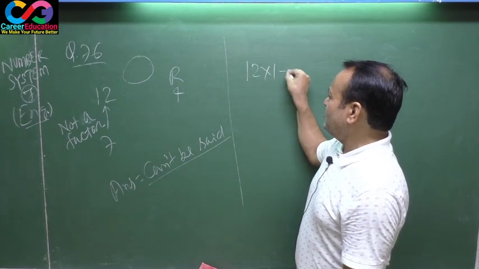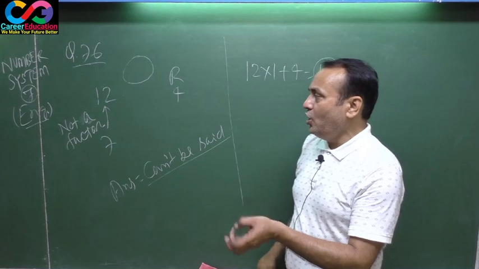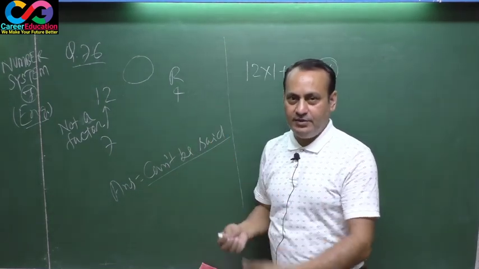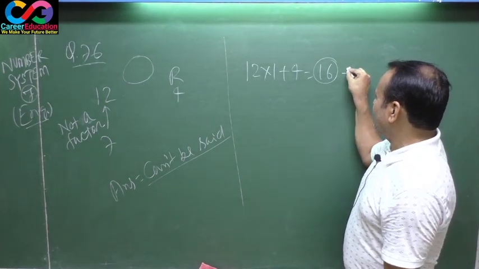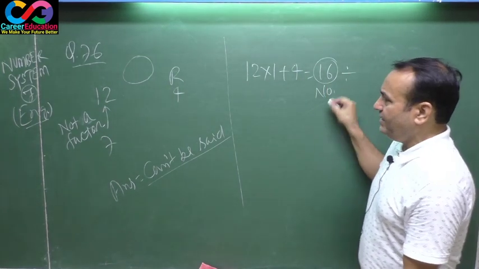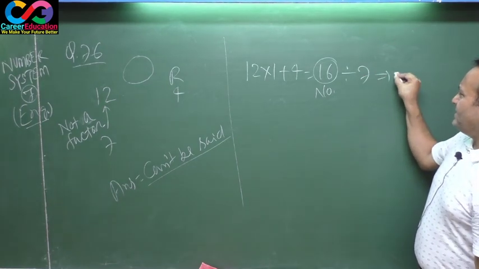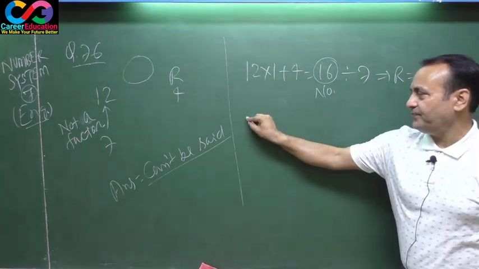12 times 1 plus 4 equals 16, such a number when divided by 12 gives remainder 4. It is correct. Then 16 divided by 7 gives remainder 2, since 7 times 2 is 14.